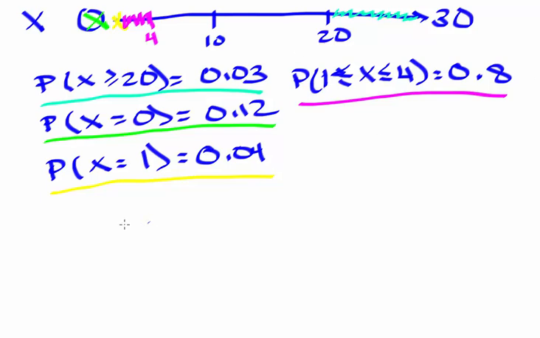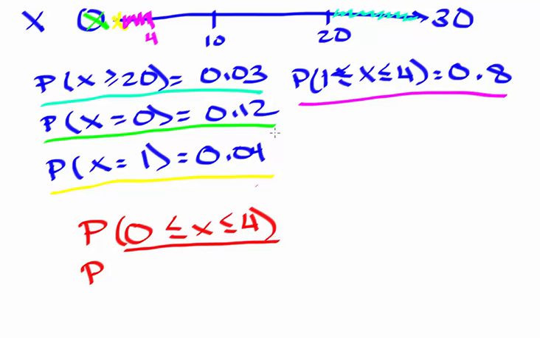So what if we're asked to compute the probability that the number of flights leaving on time falls between a range of 0 to 4 flights? In this case, we need to add the probabilities that fall within this range.